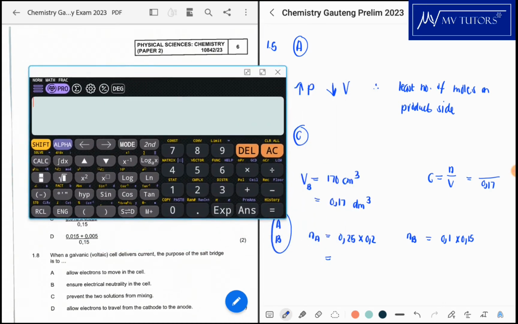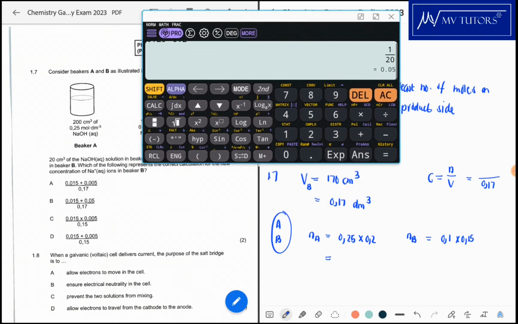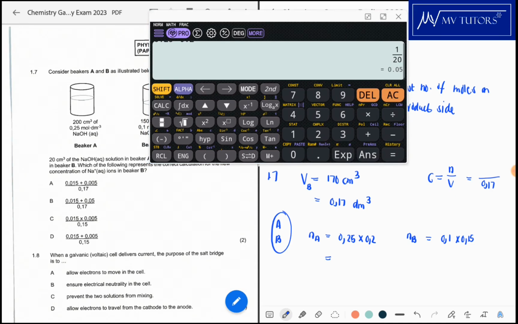Okay, so we have 0.25 multiplied by 0.2. Am I multiplying this correctly?